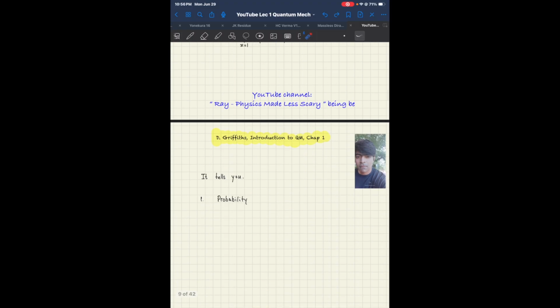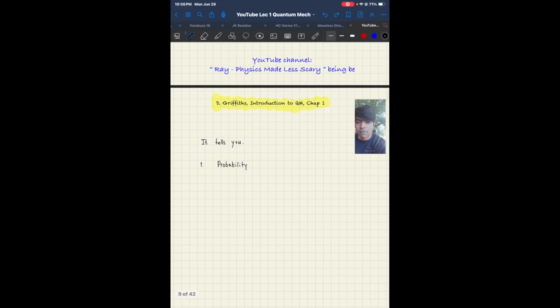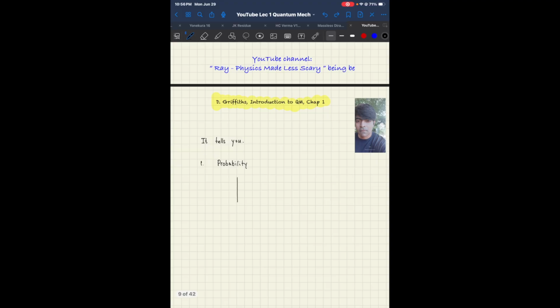It tells you, however, it does the next best thing. It tells you a probability. For example, a probability that a particle is, say, between x equal to a and x equal to b.